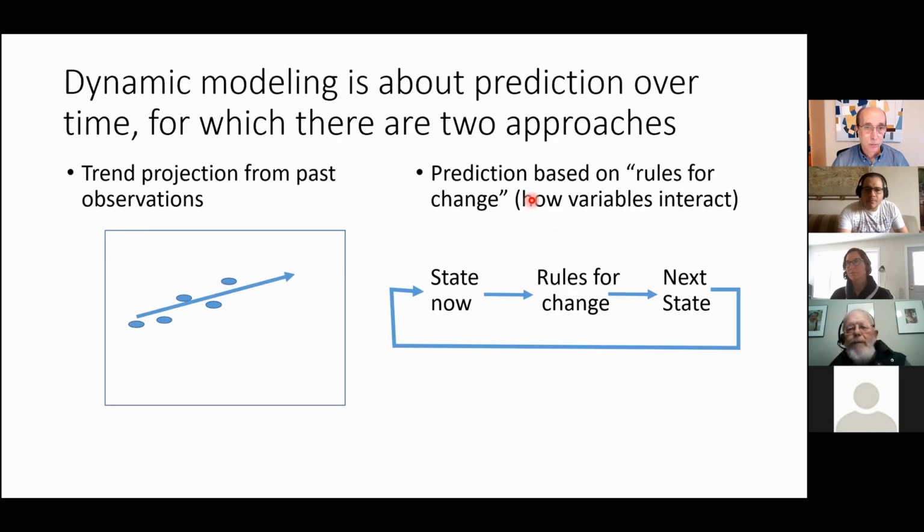Okay, well, dynamic modeling is about prediction over time, and there are two basic approaches that human beings use to make predictions over time. One of them is basically to make observations over time and then to extrapolate those observations. Most human intuitive extrapolations are straight lines like this from pattern in the data.